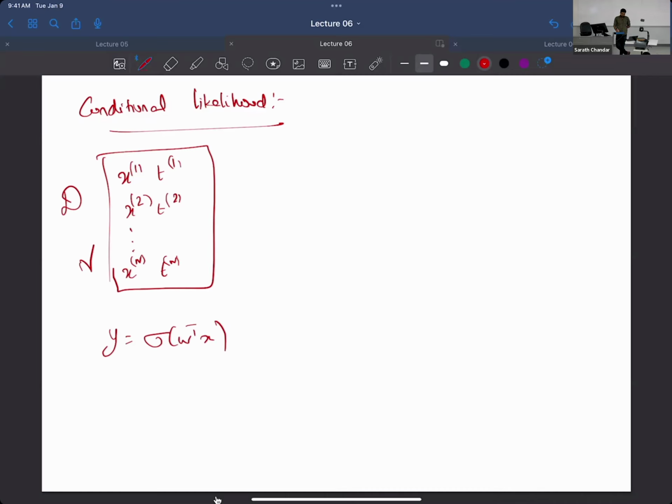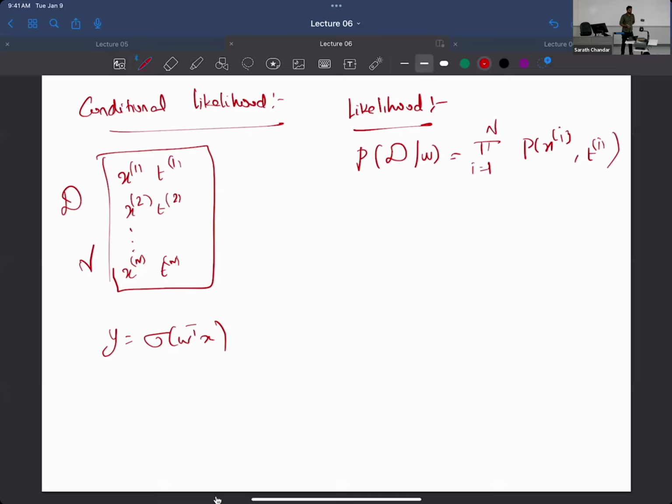Now, just as a recap, likelihood is defined as the probability of the data set given w, which is the product over i equals 1 to N of P of xi, ti. So that is the likelihood, right?